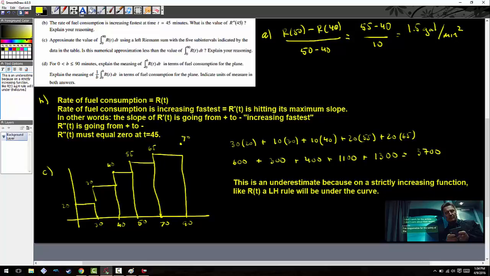Some variation of that. Some people will say left-hand rule is an underestimate because r of t is strictly increasing. Either way you slice it, you're good.